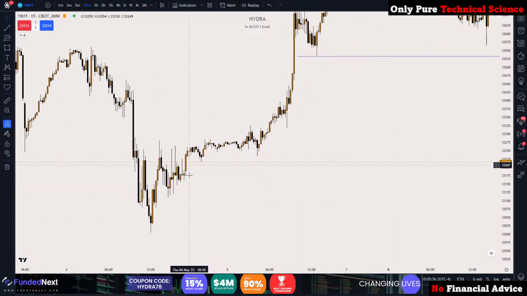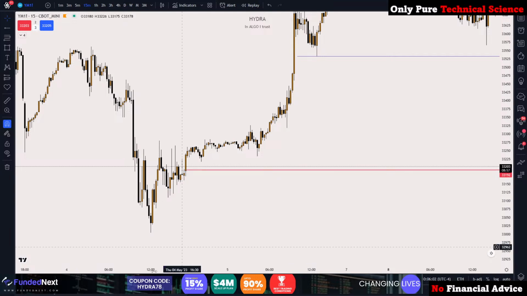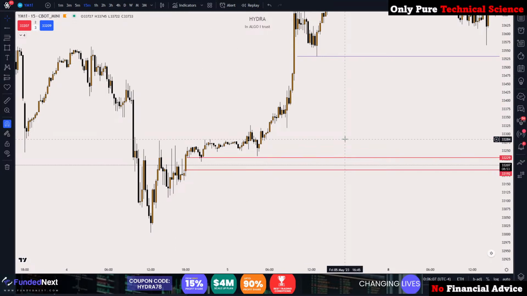And it's inside the fair value gap that I mentioned. Below this fair value gap, we do have relative equal lows.